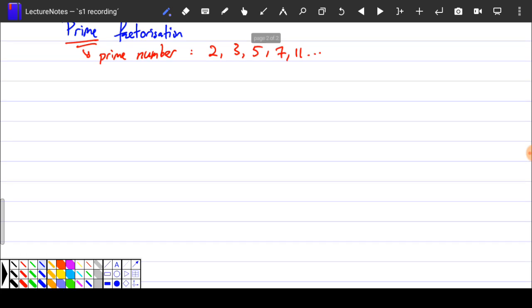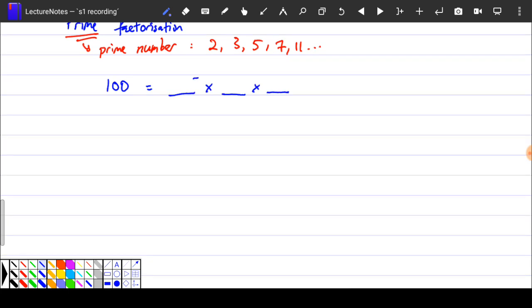Let's say I have 100. Now 100, if I want to express in prime factorisation, that means I want to ask, how can I rewrite this number into something times something times something with a certain power on top. Now let's try using, we call the repeated division, or sometimes we call the ladder method.